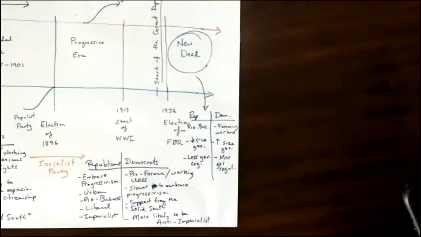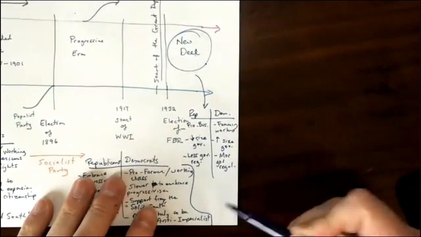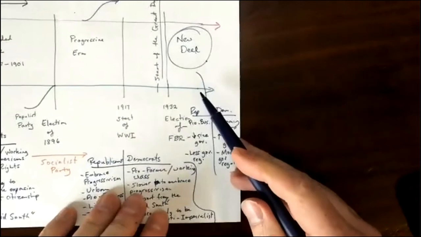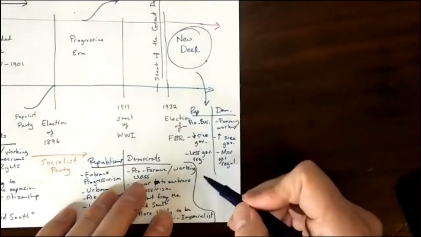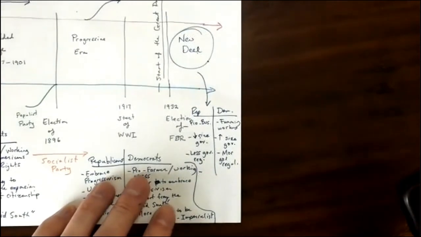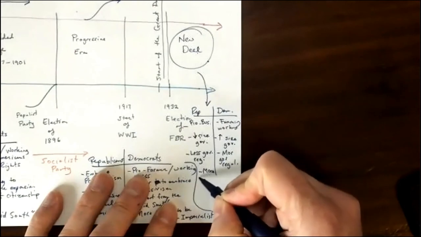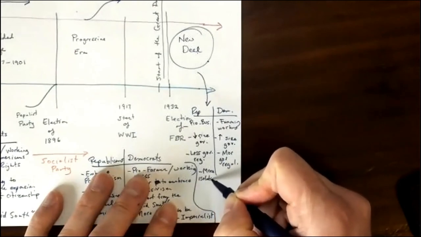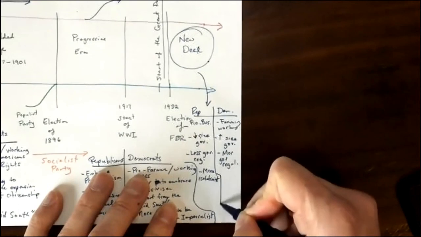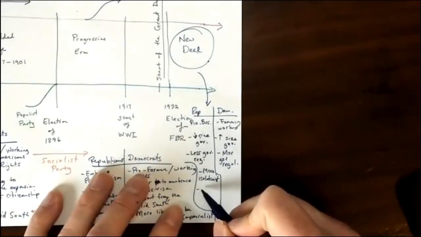What ends up happening is in the aftermath of the Great Depression, this group tends to become more isolationist before leading up to World War II. And they also tend to become more conservative.